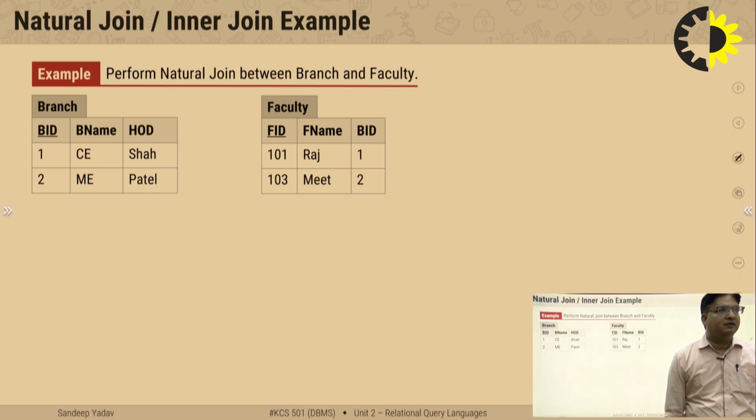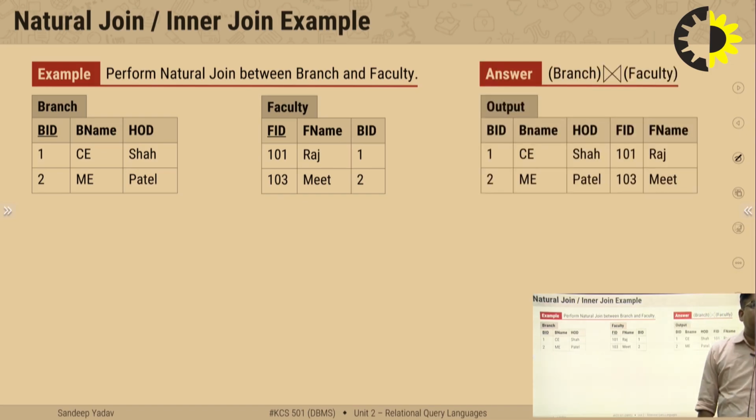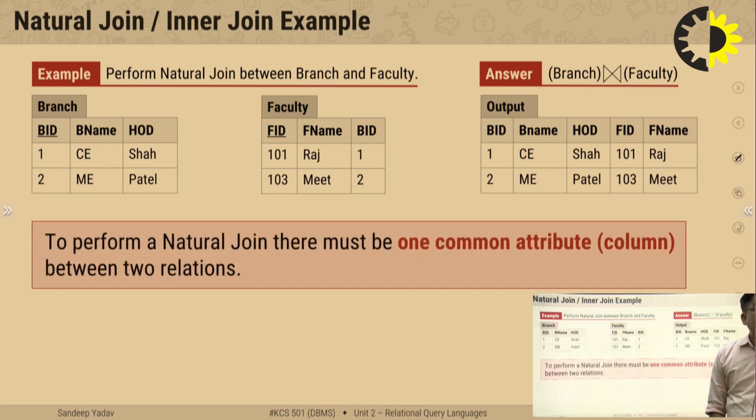Now let us illustrate it further. So we have to perform the natural join between the two relations, branch and faculty. So this is how the operation shall be performed.